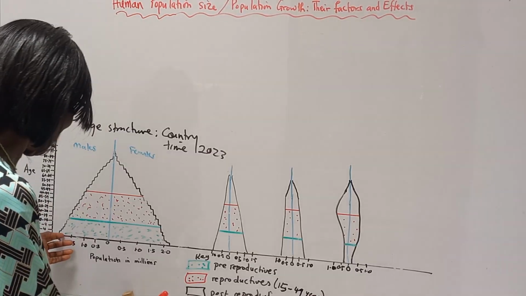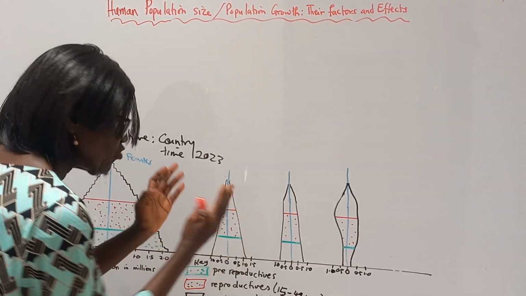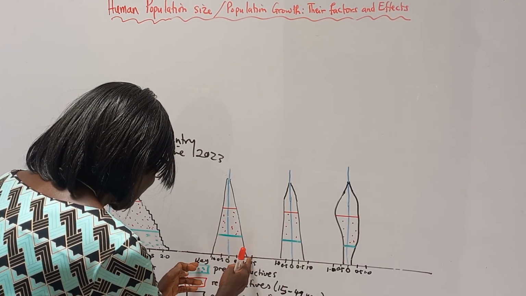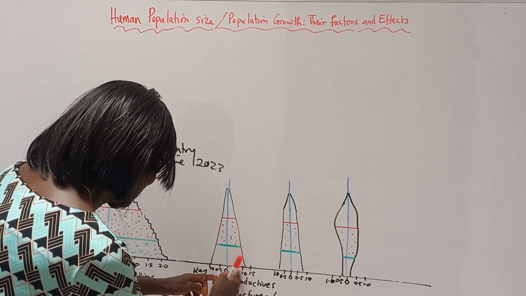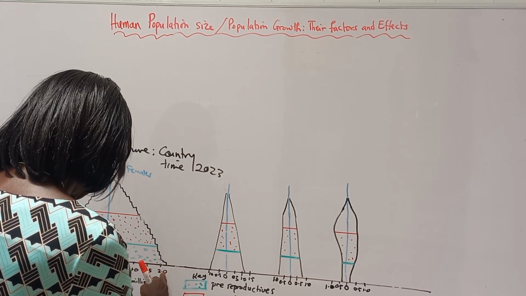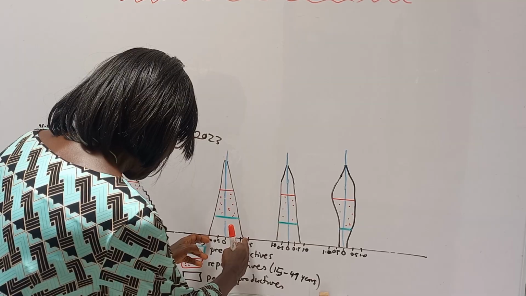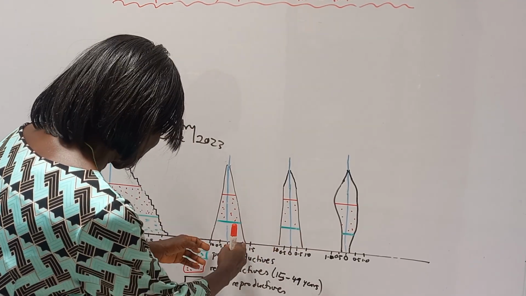And if we look at it, this one, the pre-reproductives are few. You work out their fewness with the population size numbers here, millions. You see that this one, the pre-reproductives is about 2 million. Here, pre-reproductives, we have about 1 point something million.